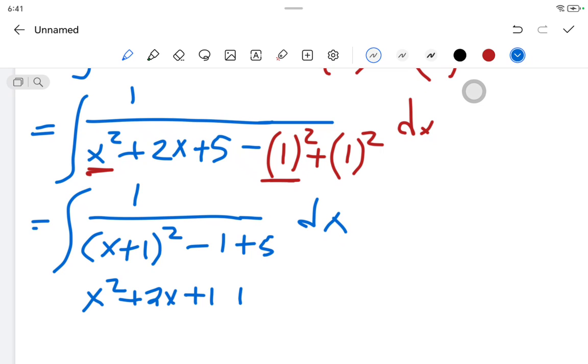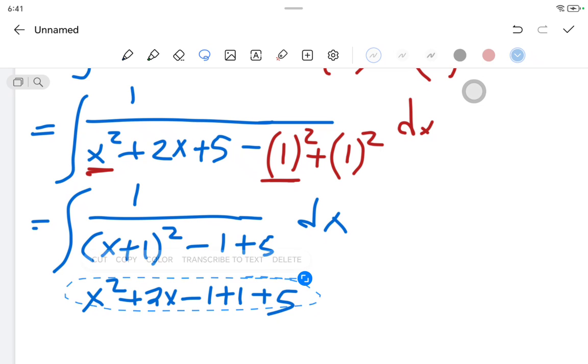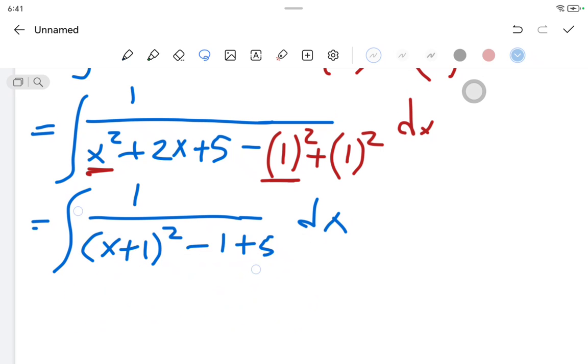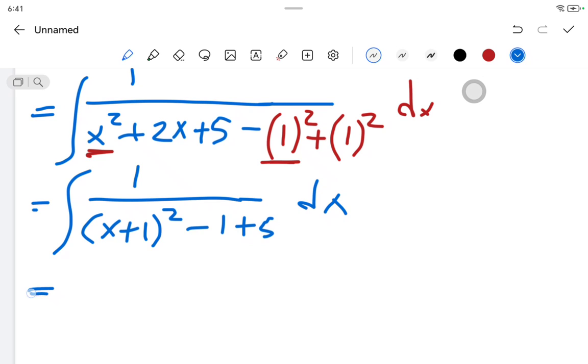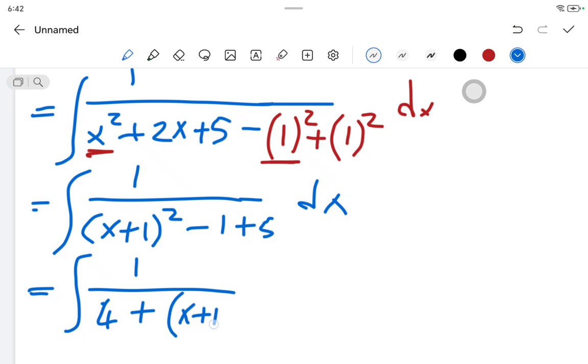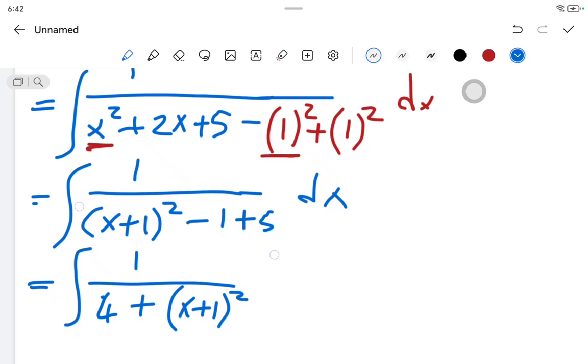So this is just going to be minus 1 plus 1, then plus 5. Yeah, which is going to take us back to the same thing, right? Now, this is going to be the same as 1 over 4 plus x plus 1 all squared.